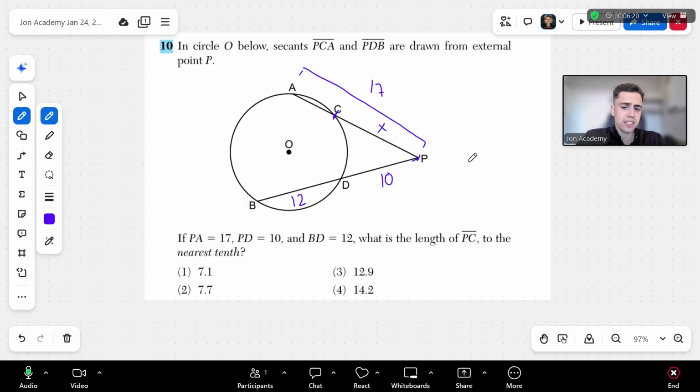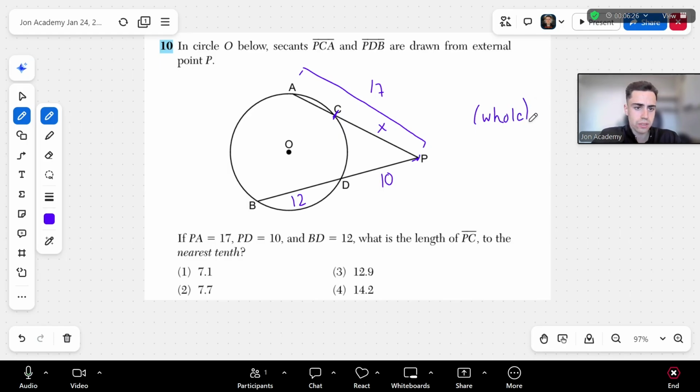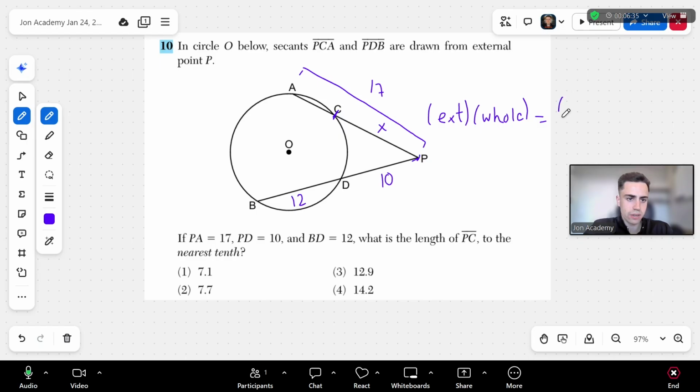So what happens here? There is a formula which states whole, or external times whole equals external times whole.